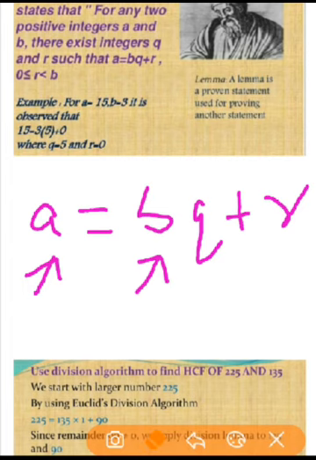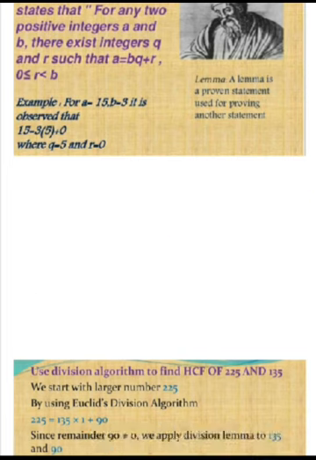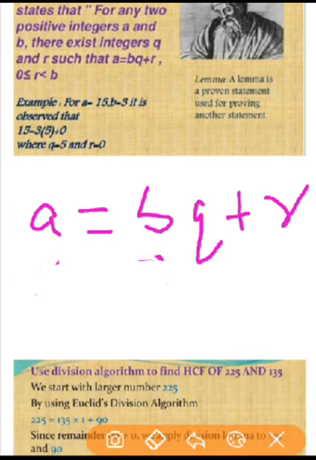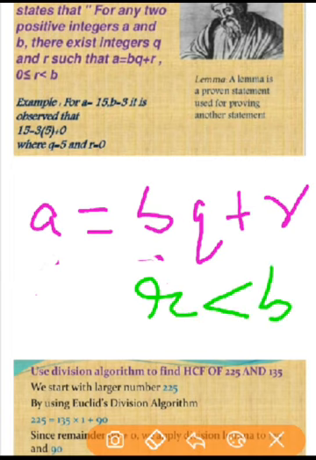Now here we have a relation between b and r. What is that relation? r will always be less than b, and it can be greater than or equal to 0, isn't it?